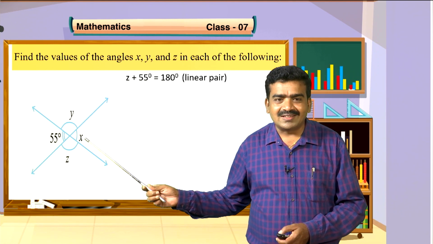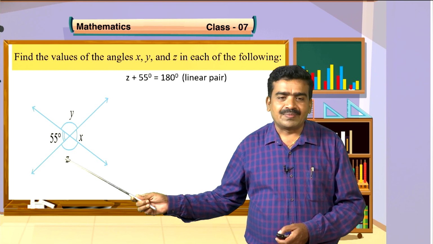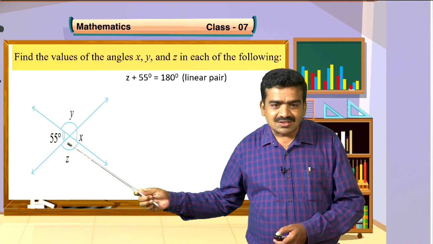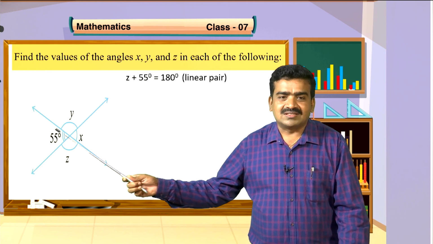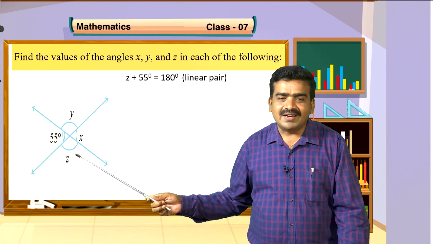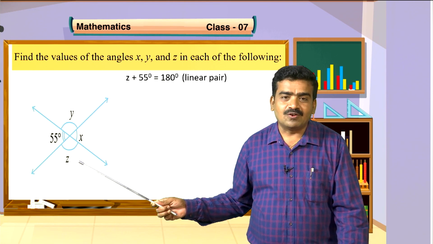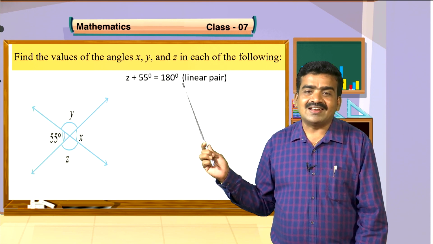So, before going to write this, let us find the angle y or angle z. To find angle z, we need to take these two as a linear pair. You know that the sum of these two angles will be 180 degrees because this ray is standing on a straight line. Therefore, z plus 55 degrees is equal to 180 degrees, they are a linear pair.